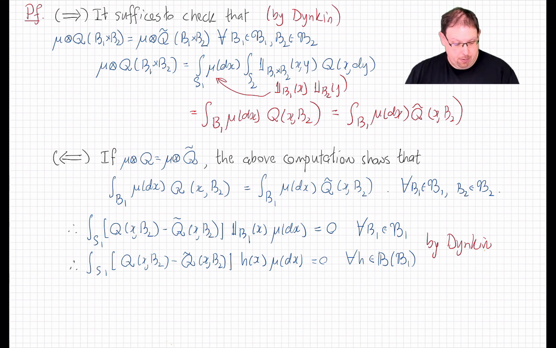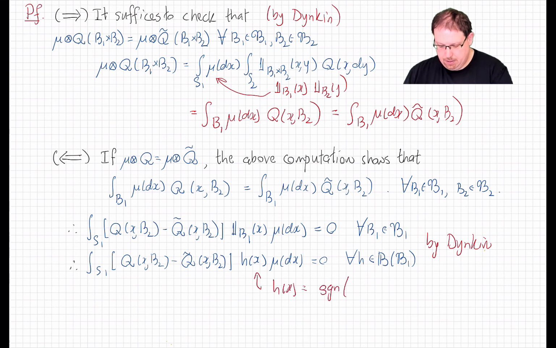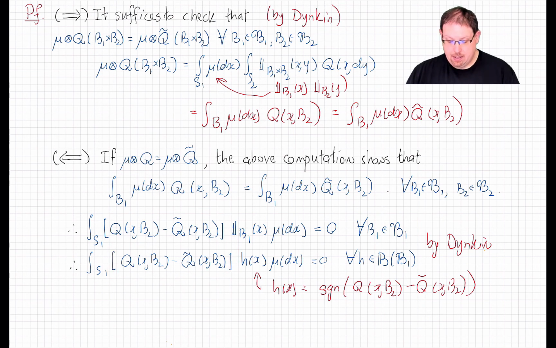And what's a good example of a bounded b1 measurable function h? How about h of x is equal to the signum of q of x and b2 minus q tilde of x and b2. That means that actually this integral will be 0 where we have the absolute value here. That means that the L1 distance of these two functions of x is 0, which means that they are equal almost surely with respect to the measure mu, which is close to what we wanted to prove.